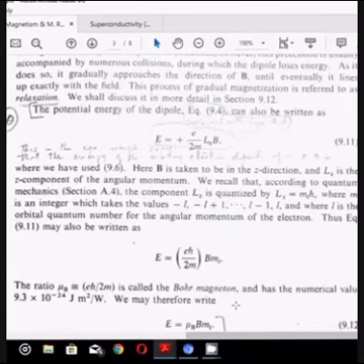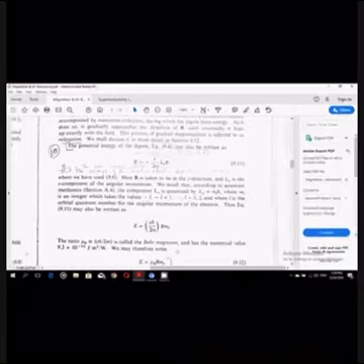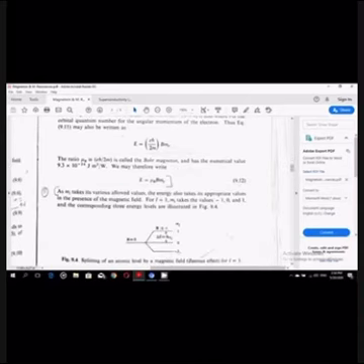The ratio eh cut over 2m, which is a constant, is called the Bohr magneton, and its numerical value is 9.3 into 10 to the power minus 24 joules meter square per Weber. So we may write equation 9.12 as E equals mu B into B into ml.